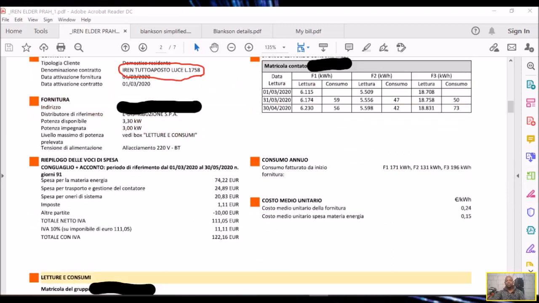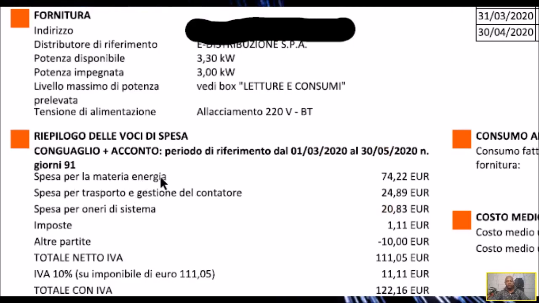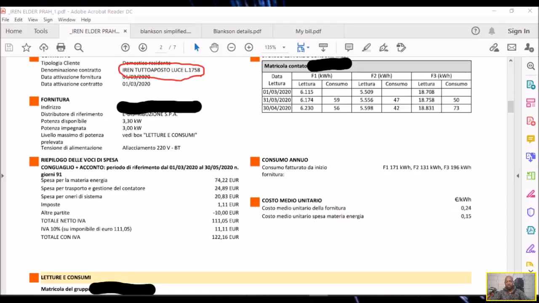Over here you see, just as it was in the NL bill I explained before, you will see spesa per la materia energia, which is 74.22, spesa per trasporto e gestione del contatore 24, spesa per oneri di sistema 28, and imposte, which is €1.11.